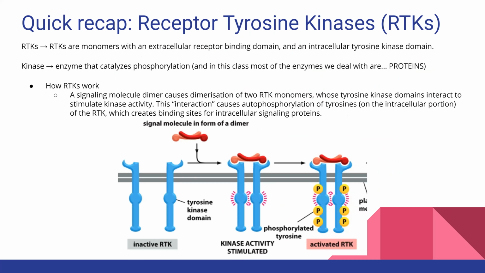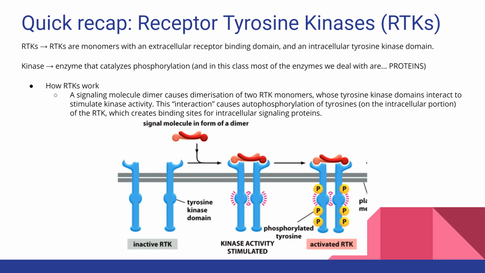Okay. So a quick recap. RTKs are monomers with an extracellular receptor binding domain and an intracellular tyrosine kinase domain. So it's important to realize that the binding portions and the tyrosine kinase portions are domains of the same receptor. And also a kinase is any enzyme that catalyzes phosphorylation.